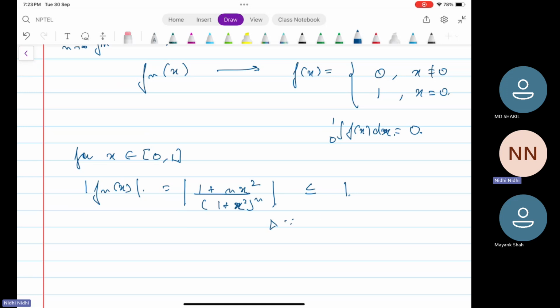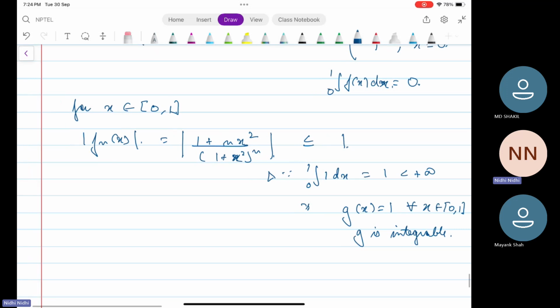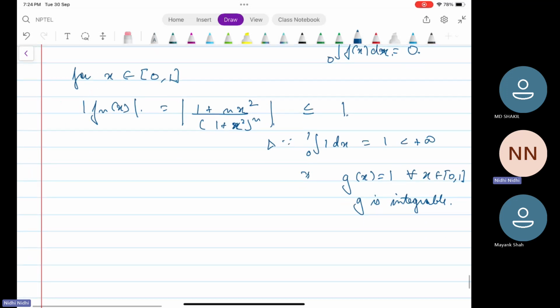And since integral 0 to 1 dx is a finite number, if I write g(x) equal to 1 for every x in the closed interval 0 to 1, g is integrable. Hence this constant function 1 will work as the dominating function.